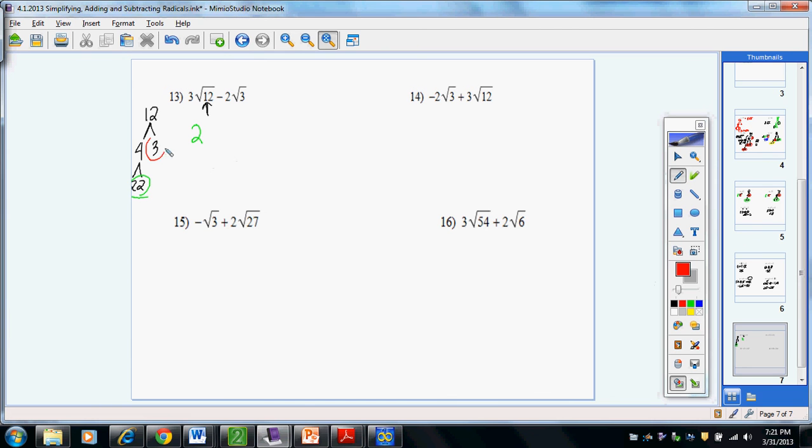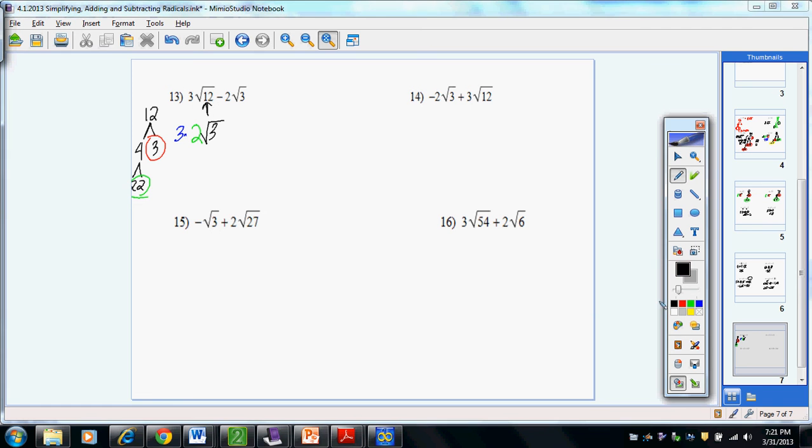Okay, and we'll bring the 3 back underneath the radical. But remember, we still have this 3 out here that we're multiplying the square root 12 by. So we have a 3 times 2. And that will simplify to 6 square root 3.